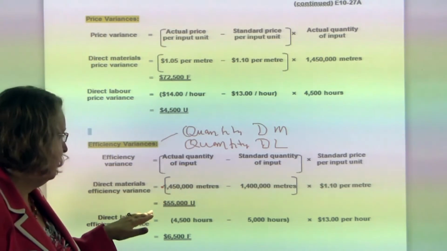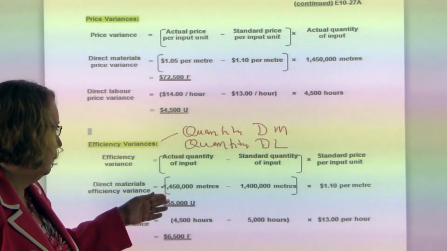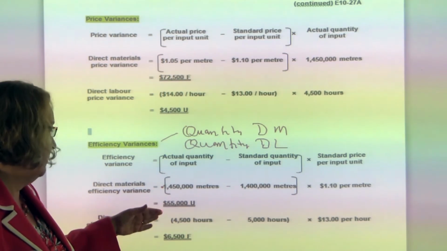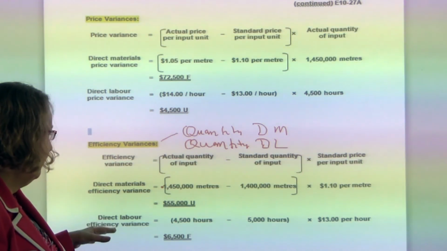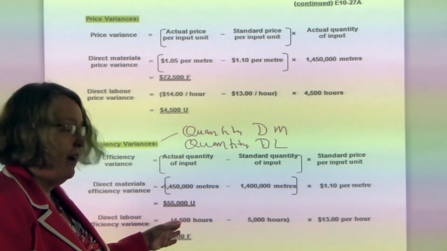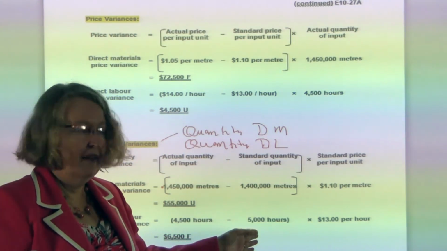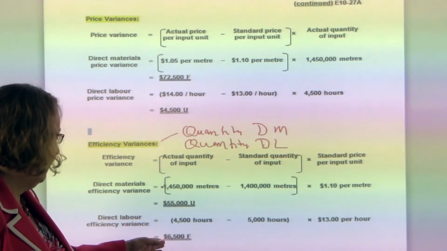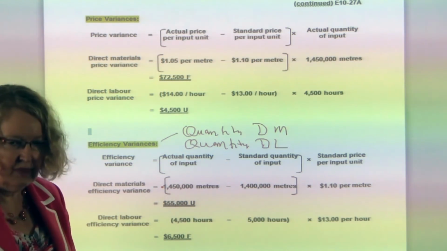That will give you an unfavorable variance because you used more goods or more product than you had anticipated. So it's $55,000 unfavorable. For direct labor, your actual number of hours was 4,500. You had been expecting to use 5,000, so you have a favorable variance of $6,500.